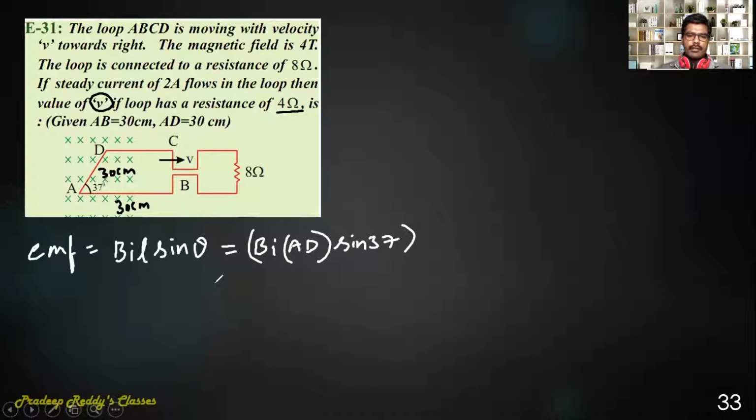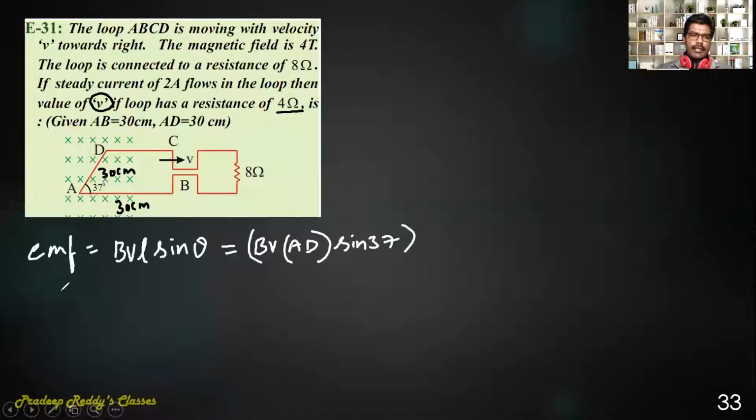Sorry, it's not BIL, it's BLV. Here, instead of I, you need to write V. So it is BV into AD sine 37.